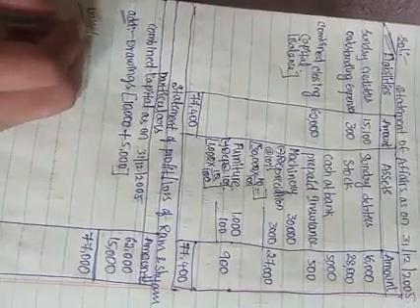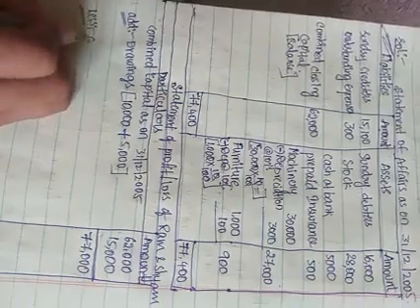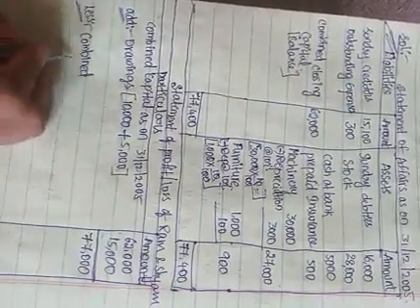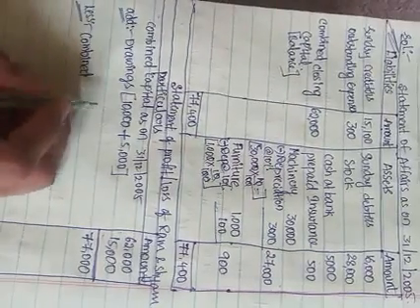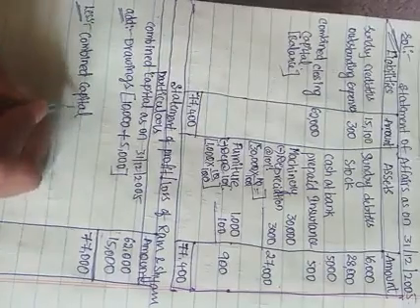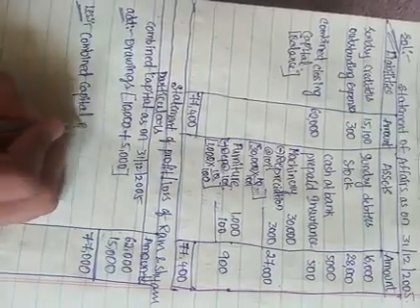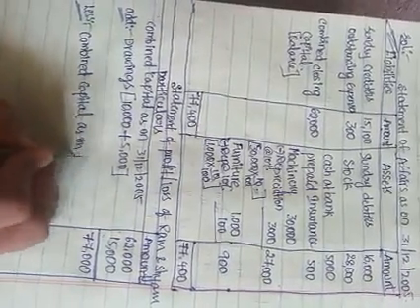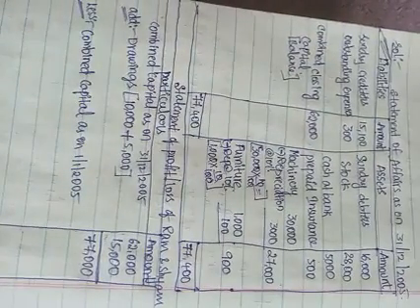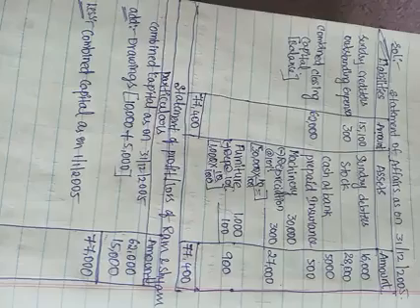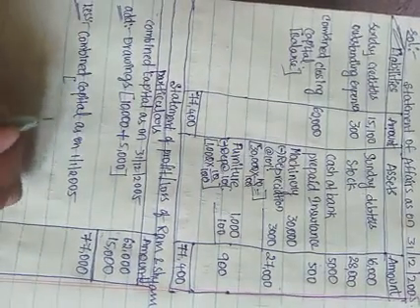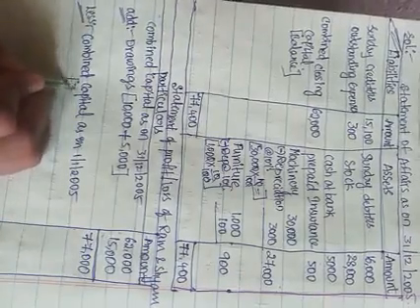From this we'll deduct the less opening capital. So that is combined capital, both the partners na. That's why here I wrote the combined capital. As on 1st January 2005, how much capital?